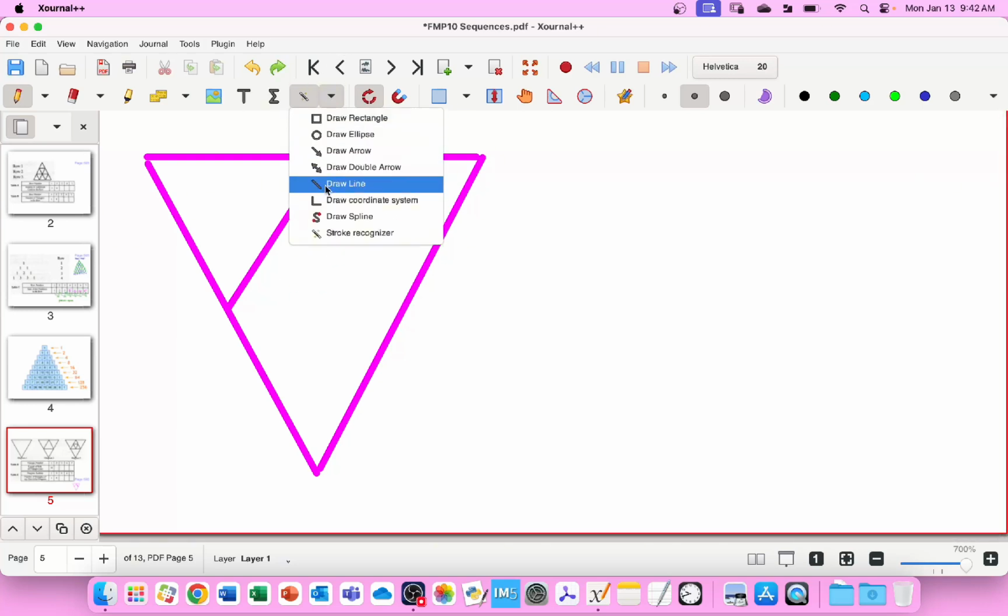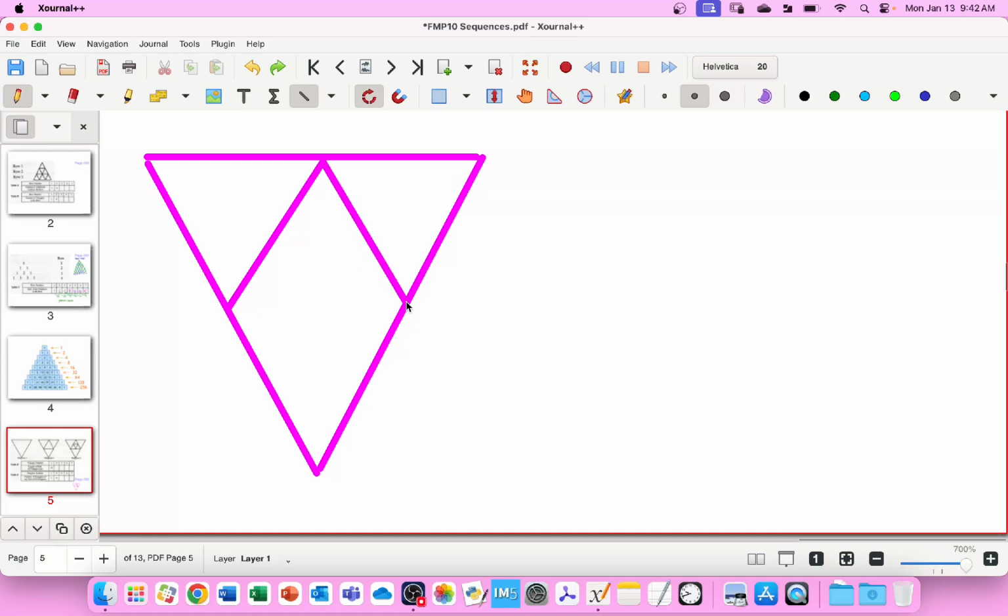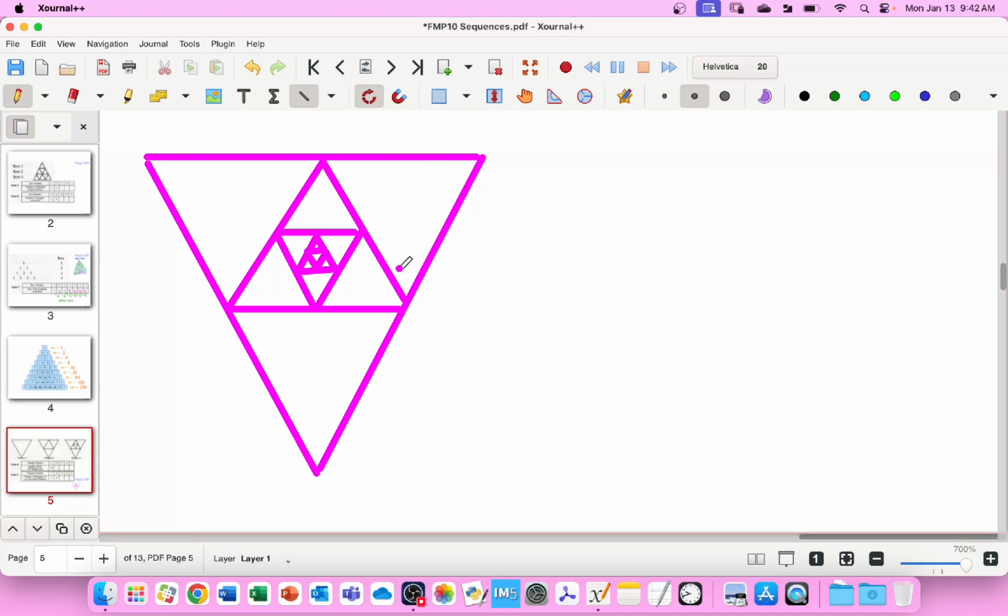Actually, I can switch to lines here. So that's diagram 2. Diagram 3 is like that. Diagram 4, I would need to add in another little triangle. And see how it's getting kind of hard to do this, right? Because it's getting infinitely small if I were to keep going. Okay, right. So this would be diagram 4.